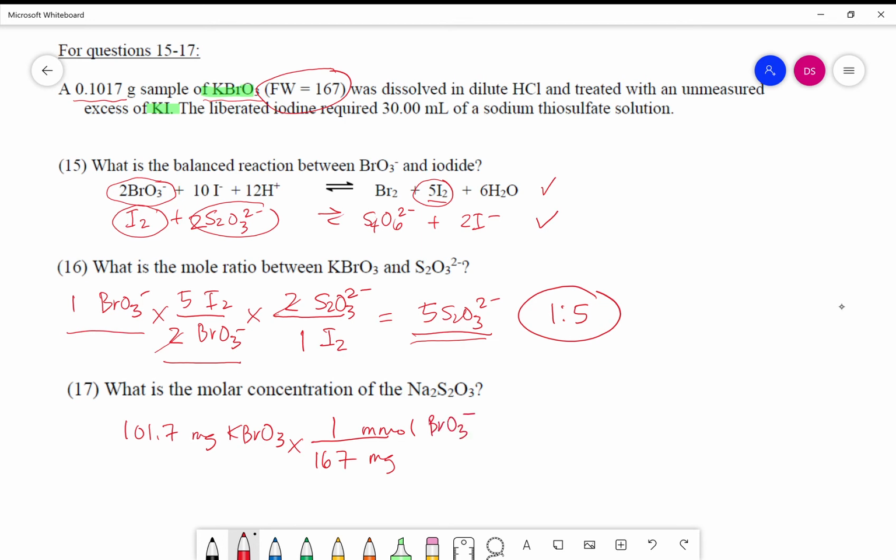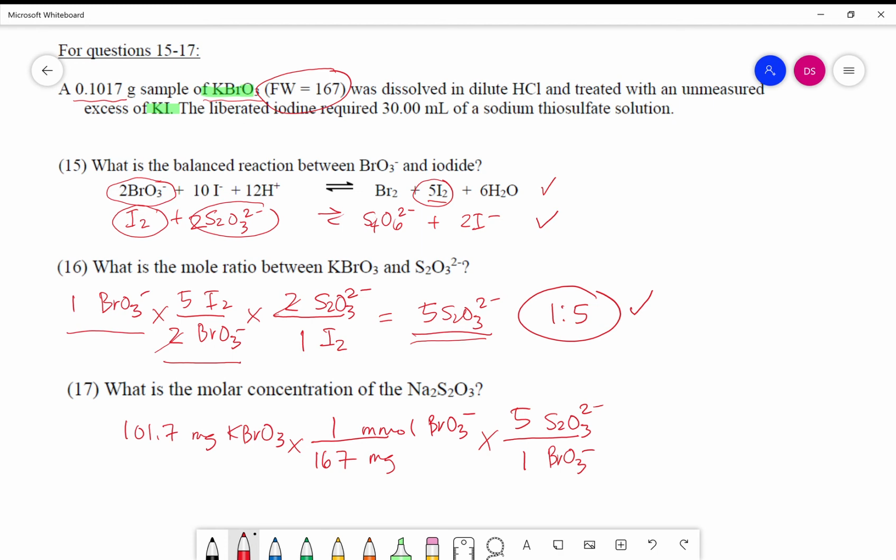And we can convert this BrO3 minus to S2O3 2 minus, because we already have the mole ratio. So 1 BrO3 is 5 S2O3. If we evaluate this, it converts milligram KBrO3 to millimole of S2O3.